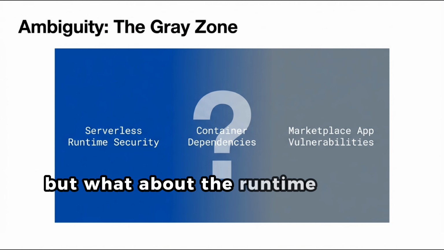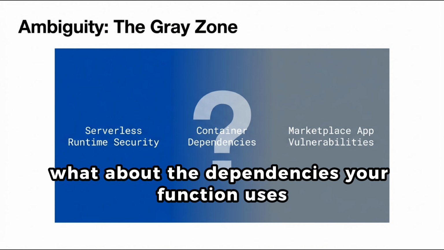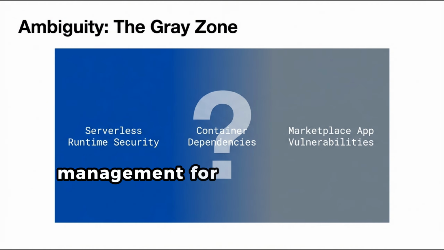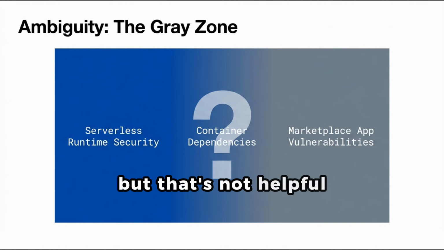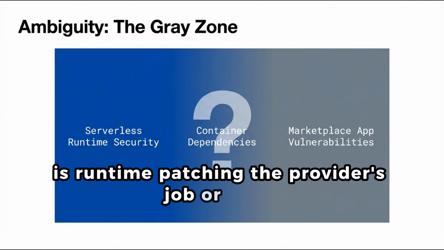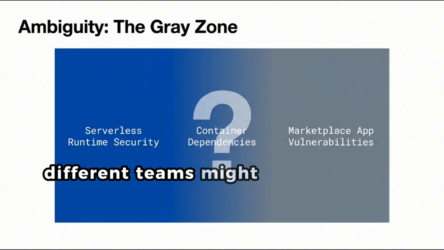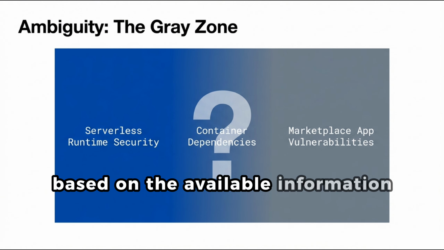But what about the runtime security? What about the dependencies your function uses? What about secrets management for credentials your function needs? The documentation might say shared responsibility, but that's not helpful when you need to know specifically who needs to take action. Is runtime patching the provider's job or yours? Different teams might interpret this differently, and neither might be wrong based on the available information.